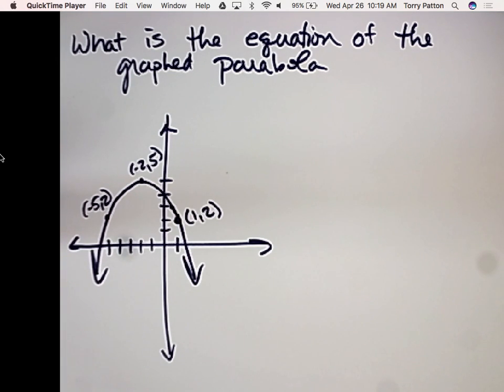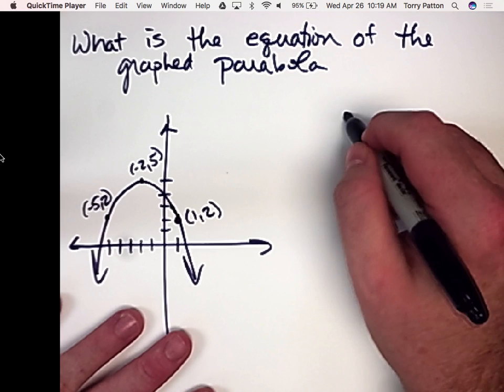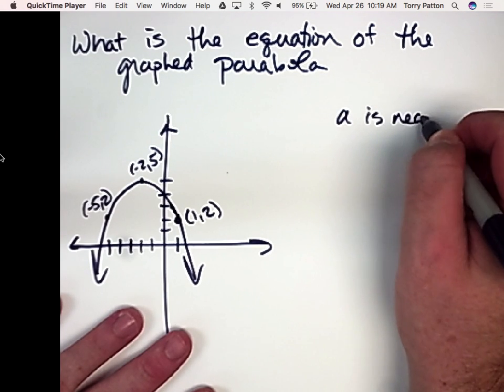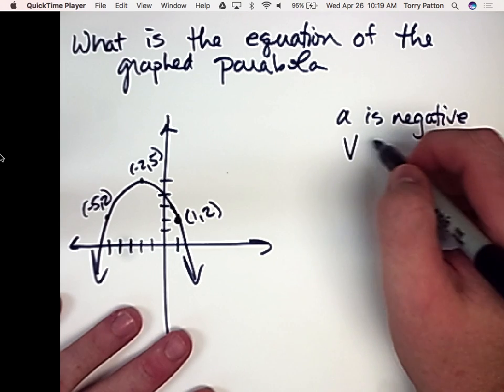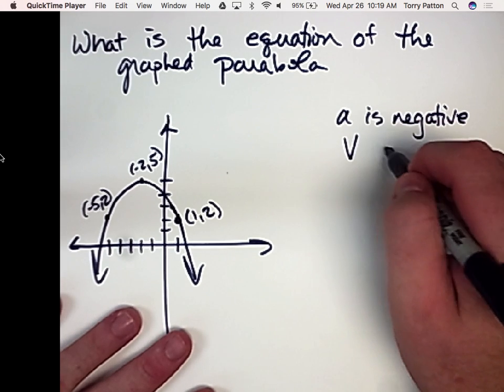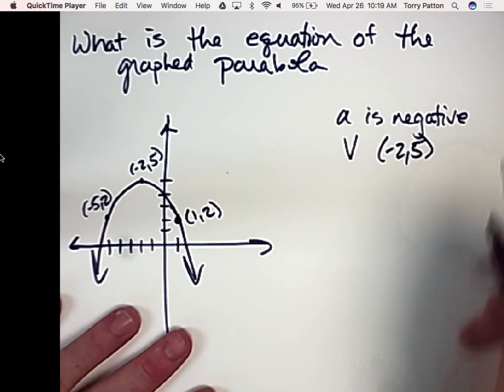Okay, so what do we know about this from the graph? It opens down, so A is negative. We know the vertex is negative 2, 5, right?